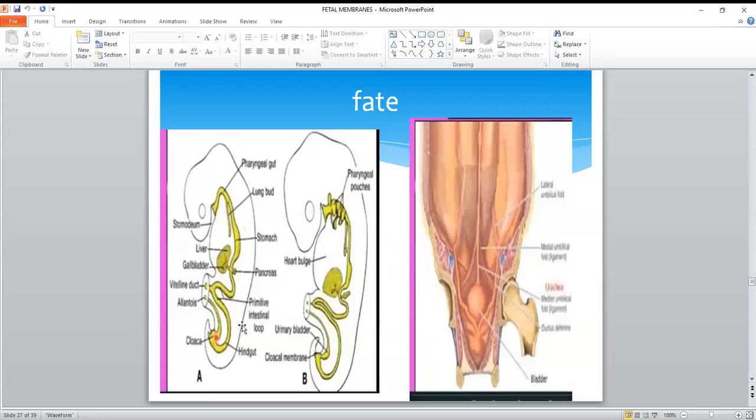This represents the GIT, and this represents the primitive urogenital system. When we discuss later in the year the development of these two systems, we'll come to know that there is a separation. The hindgut is separate, and the primitive urogenital system is separate.